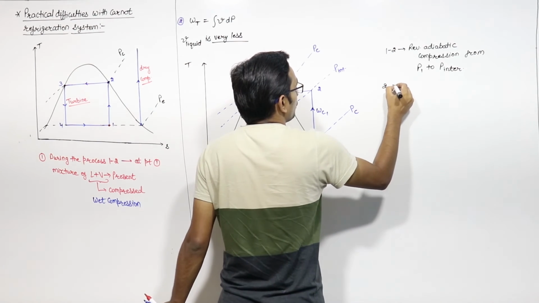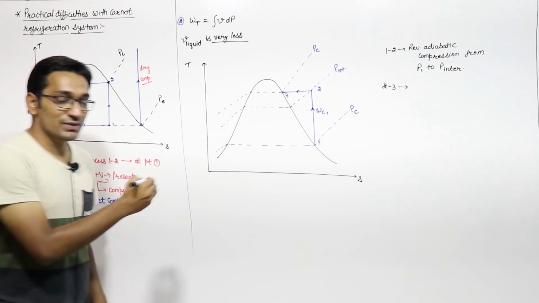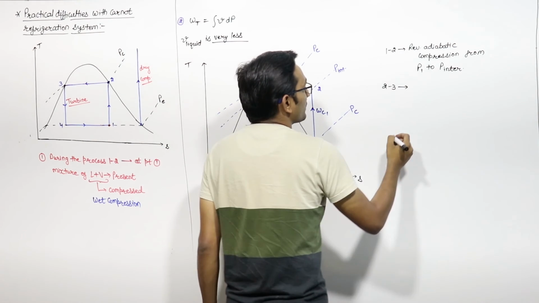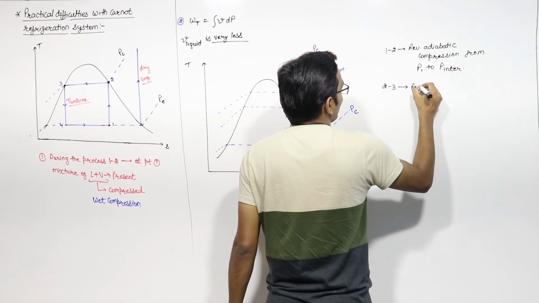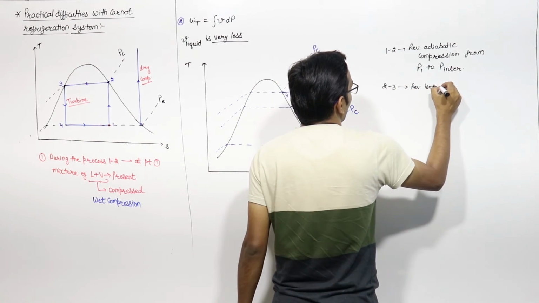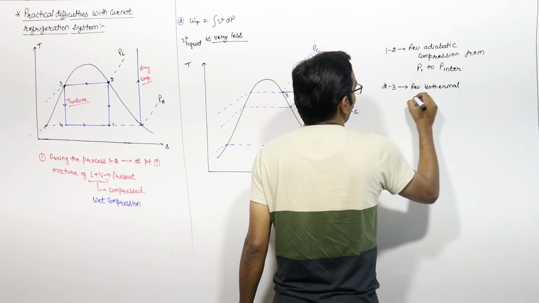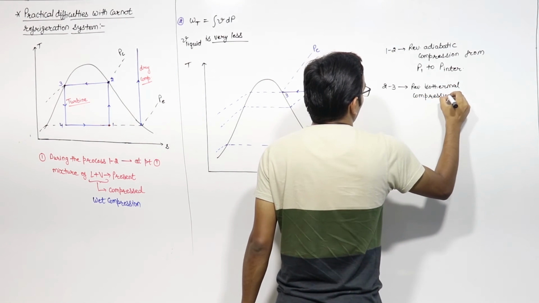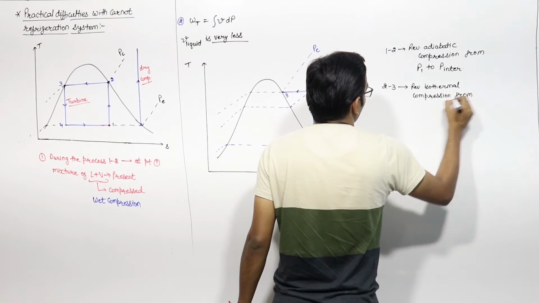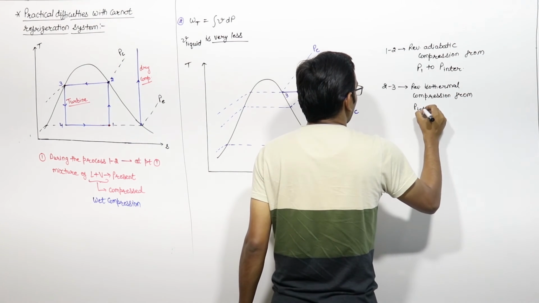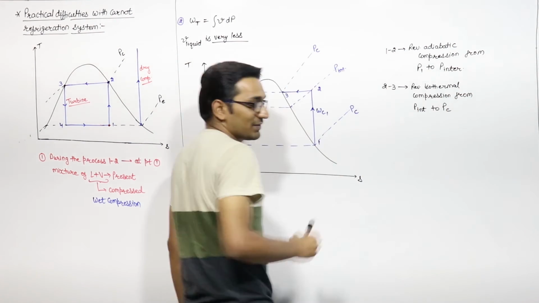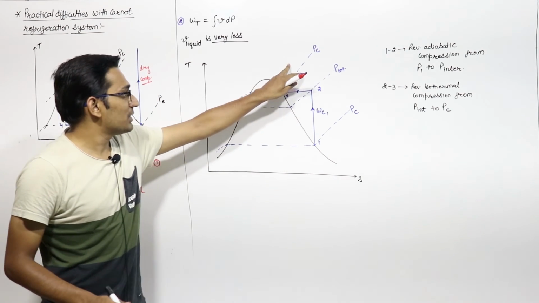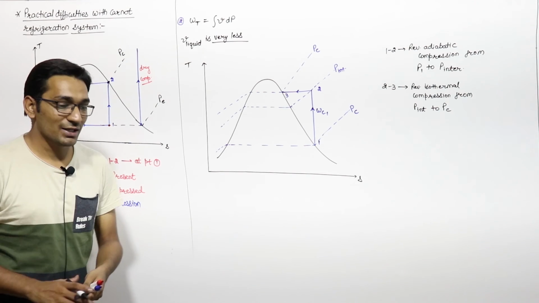And process 2 to 3 is isothermal, at constant temperature. This is reversible isothermal compression from intermediate pressure to condenser pressure, PC. From this pressure to this pressure, we are using the second compressor, that is from 2 to 3.